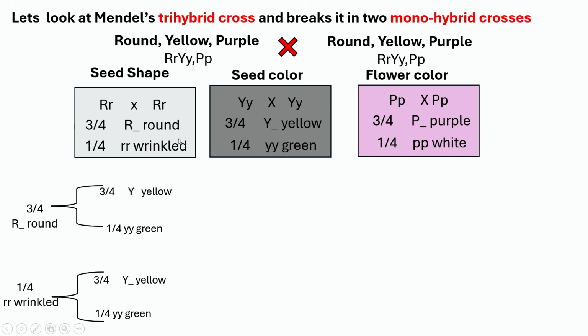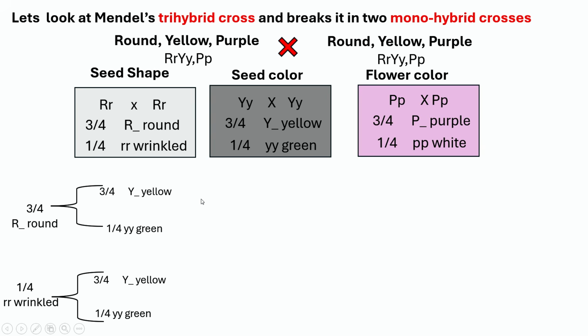Again we know that these are heterozygous crosses, so there are 3/4 chances to get round seed, and 1/4 chance to get wrinkled seed, and the same is true for seed color as well as for the color of the flower. This is the part we have already seen in the case of the dihybrid cross, where the 3/4 round seed could go with yellow seed, and they could also go with the green seed.